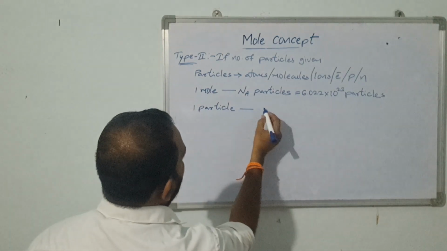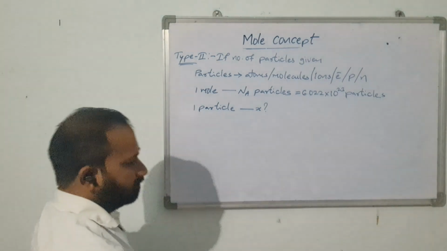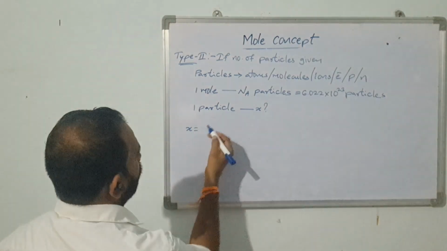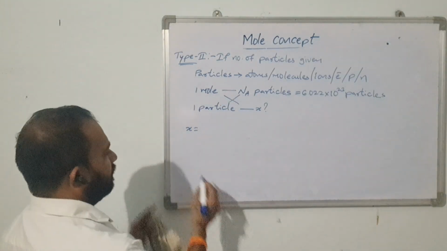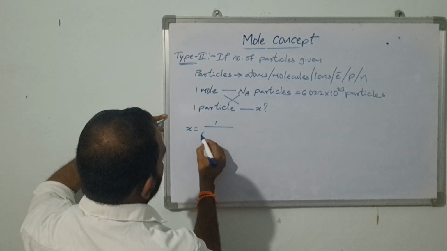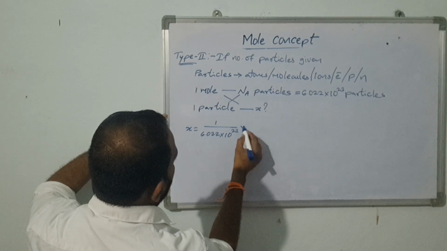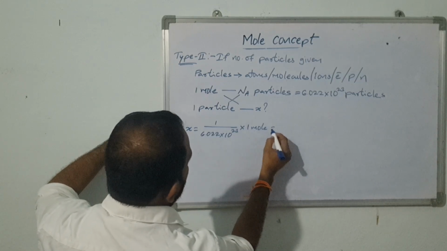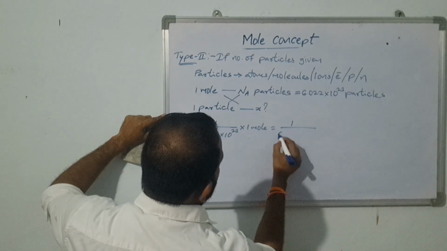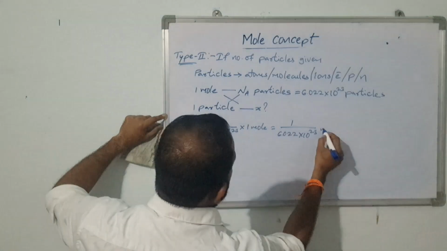Let that be X. I am doing cross multiplication. X equals 1 by 6.022 into 10 power 23 into 1 mole, that equals 1 by 6.022 into 10 power 23 moles.